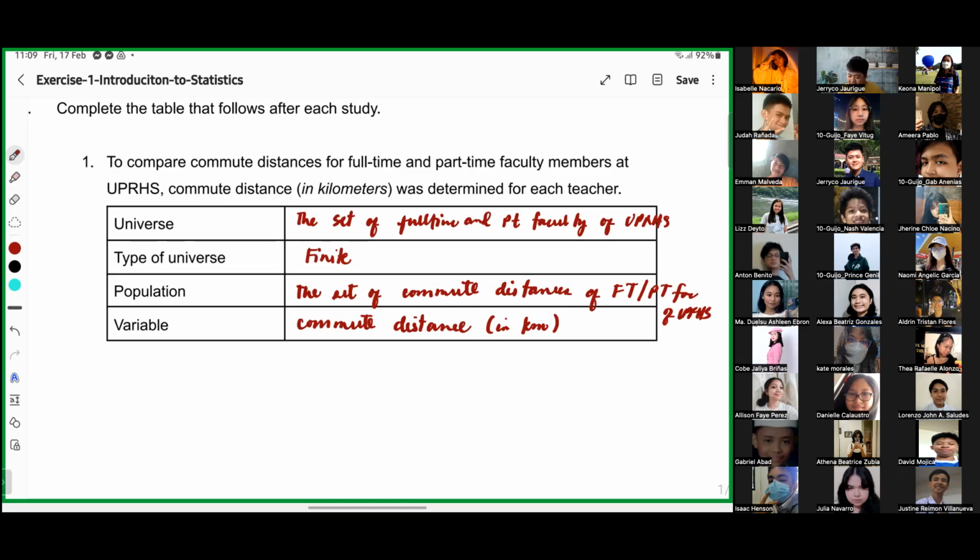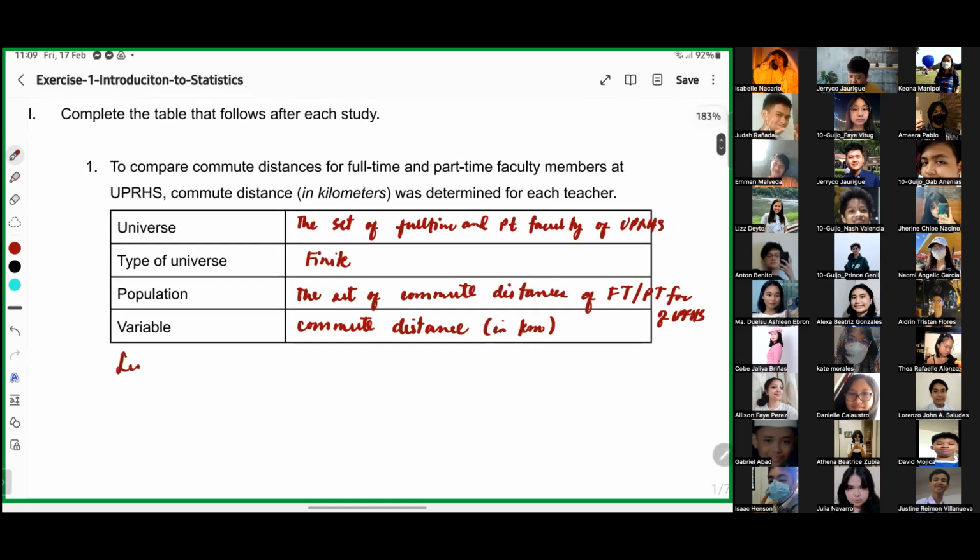Alright, last one. Hindi nakalagay dito, but what level of measurement? Distances in kilometers, so this is under what?